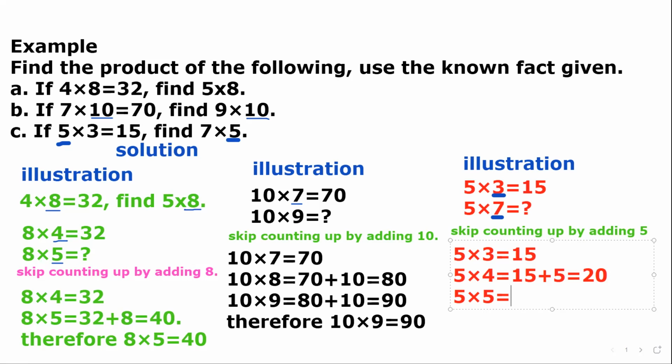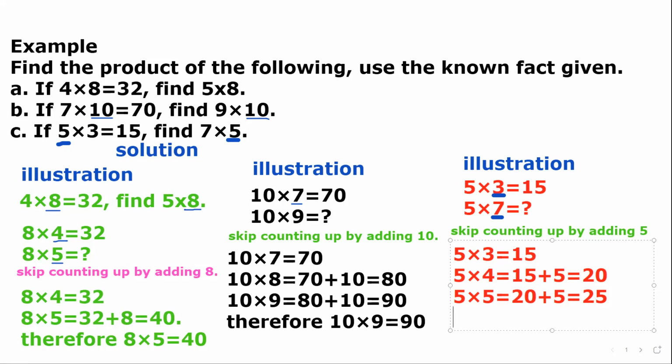You pick the answer, which is the 20, plus the narration that you wrote over there, plus 5. And the answer is 25. Okay. So here you skip count up.